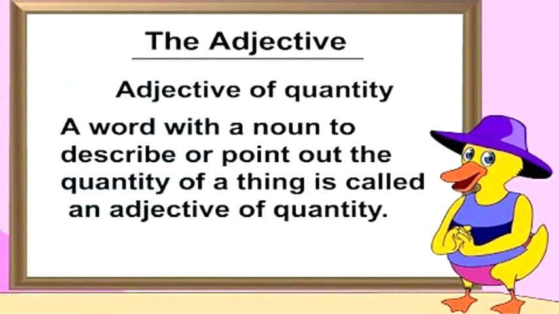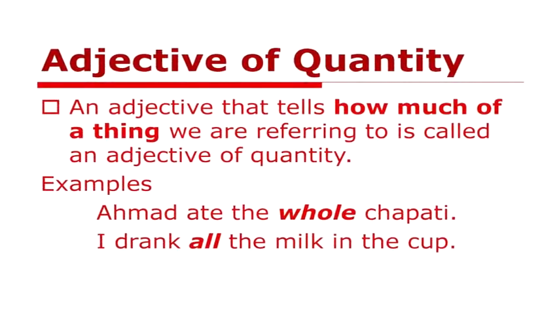Now let us understand what is the definition of it. Dear children, it is a word used with a noun to describe or point out the quantity of a thing. Remember, adjective of number tells you the number of a thing. Here adjective of quantity means that word which tells you the quantity of any noun. An adjective that tells how much of a thing we are referring to.